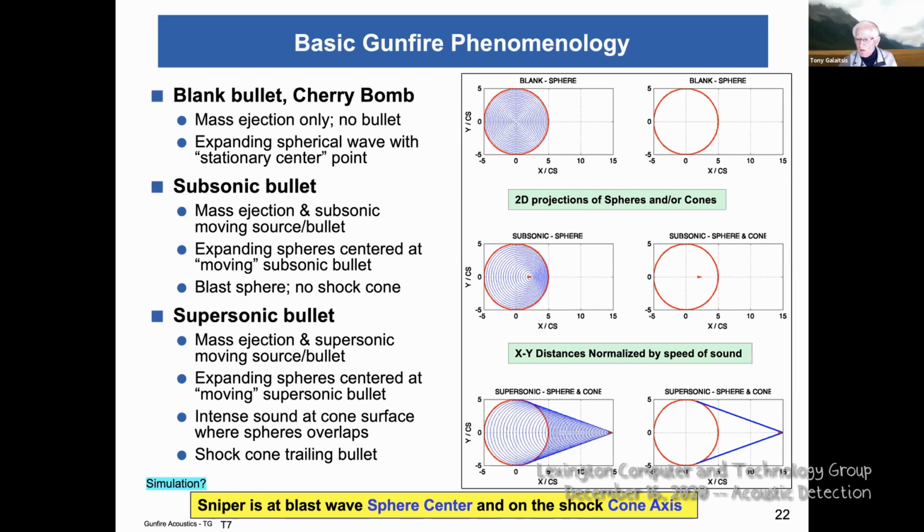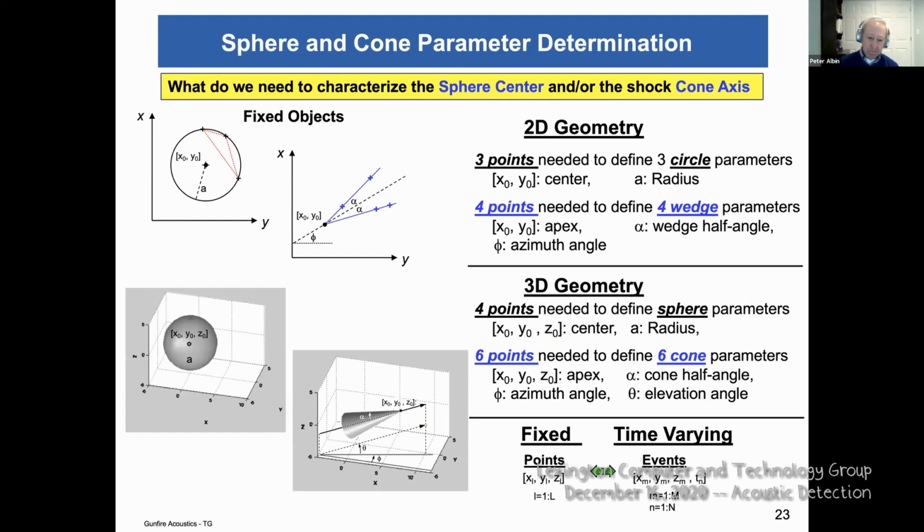where also I have inserted a sensor somewhere in the vicinity of one of these. Do you see now again my PowerPoint screen? Yes. Okay. So now the question is, I'm not going to have any more math or something, but all I want to say, how do you determine where the sphere is and where the cone is and so on?